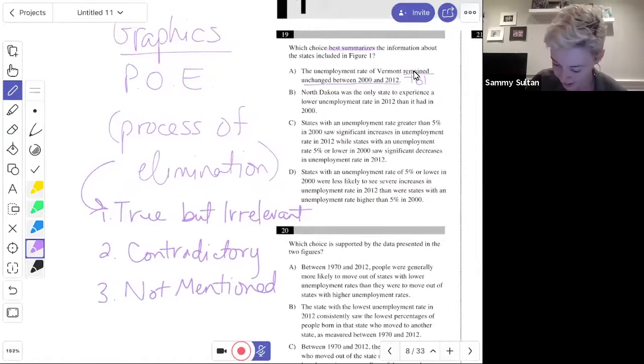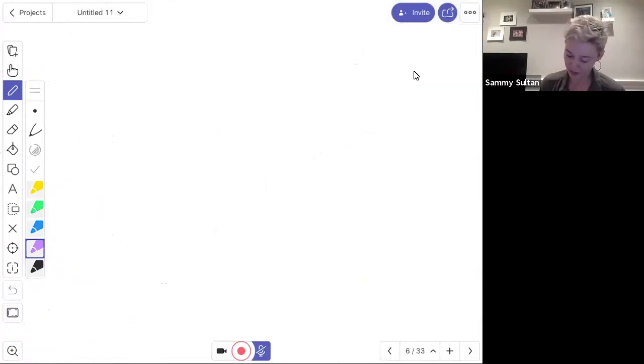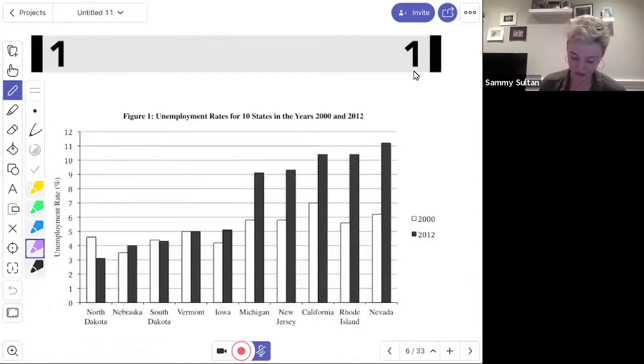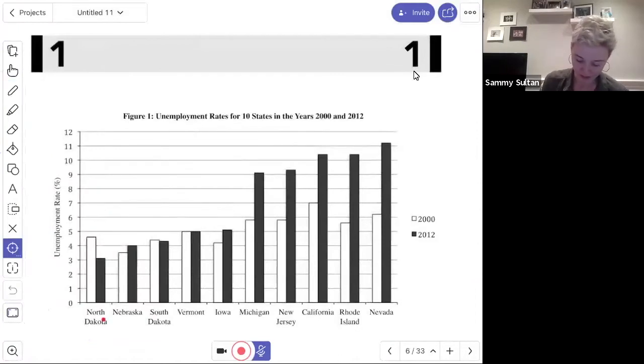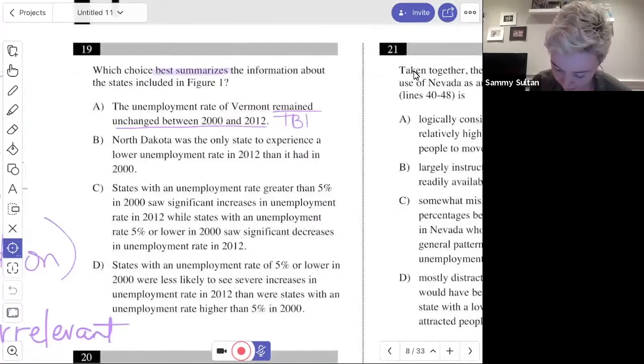Let's take a look. Choice B says North Dakota was the only state to experience a lower unemployment rate in 2012 than it had in 2000. All right, so that means we should be looking at North Dakota. Okay, here we are, and look at that. This bar is in fact higher than the 2012 bar. So 2000 was higher, 2012 was lower. Okay, the only state to experience it.